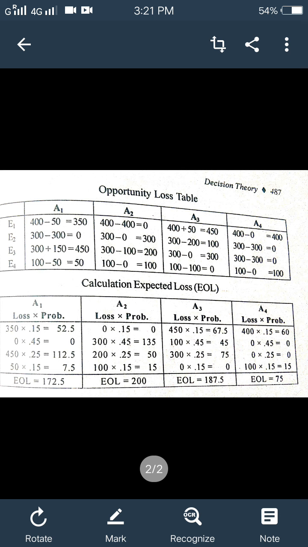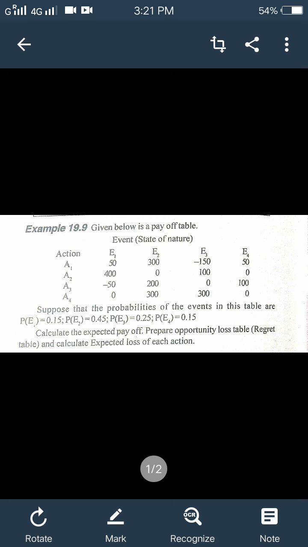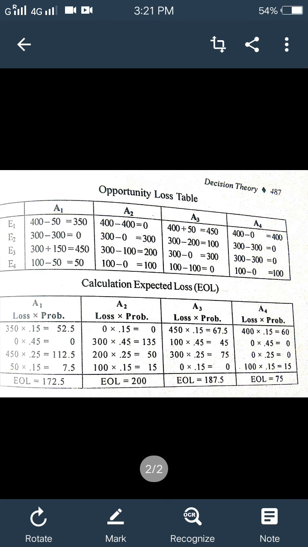Now, how can we calculate the expected opportunity loss? The same process which we did in EMV, again we will multiply. These values are known as loss, so we will multiply each loss by the concerning probability. For E1 it is 0.15, for E2 0.45, for E3 0.25, for E4 0.15.